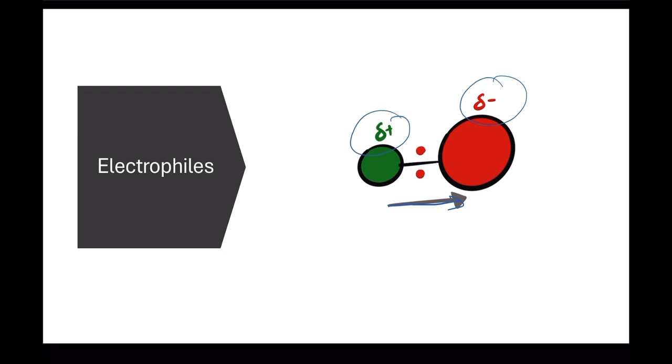Examples of electrophiles are hydrogen bromide, hydrogen chloride, all of your hydrogen halides, and things like H2SO4. Electrophile means electron loving, so it's looking for a center that is filled with electrons.